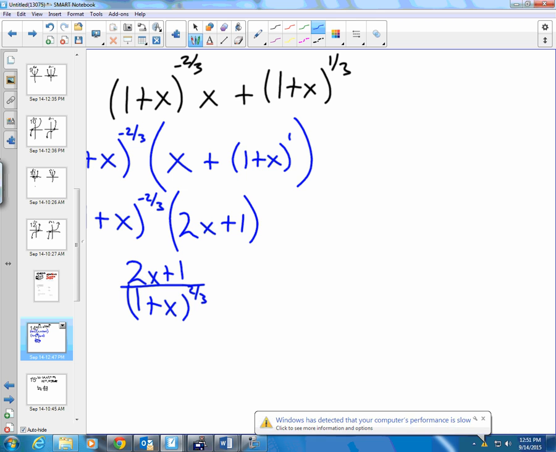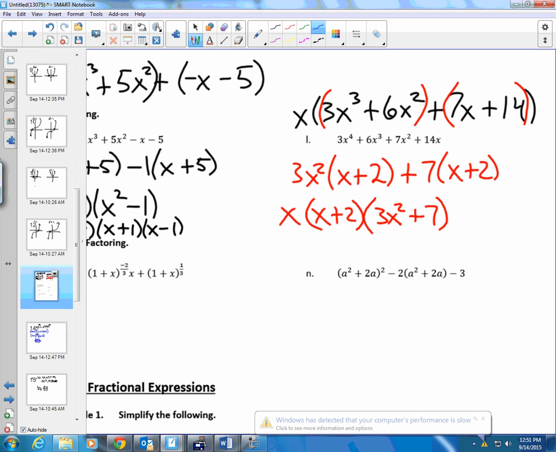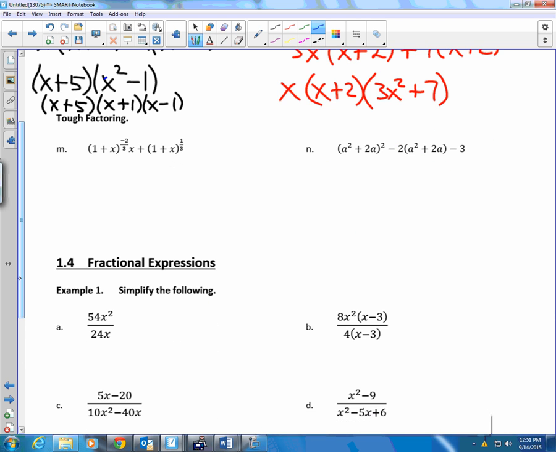All right, last problem. This one. I'm going to use space over here. Looks confusing, doesn't it? No negative exponents though, right? I don't know how to do the problem, so I'll make one that's easier.